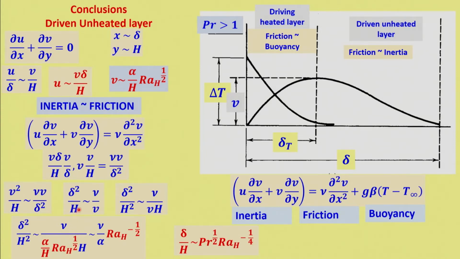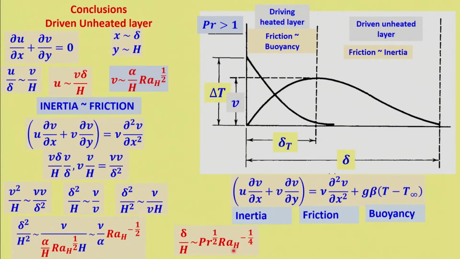So that is delta squared of the order of h nu by v. If I multiply both sides by h in the denominator, I get delta squared by h squared of the order of nu by v h, and if I substitute for v, I get delta by h as Prandtl to the power of half Rayleigh to the power of minus 1 by 4. See, it is Rayleigh to the power of minus 1 by 4 because it is decreasing, because there is no temperature difference.